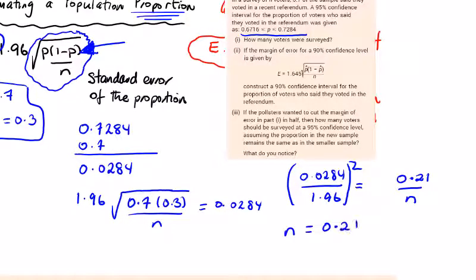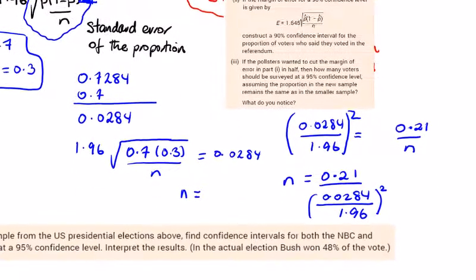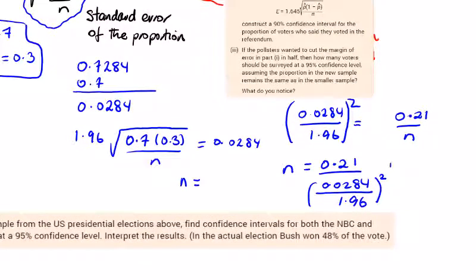So I have to divide 0.21 by 0.0284 divided by 1.96, to be squared, and that will give me n. So n in this case is equal to, it's giving me nice and neat, nearly exactly 1000.47. So we are asked how many voters. I'm going to go for 1001 here. Round up the n, it was 1000.47.